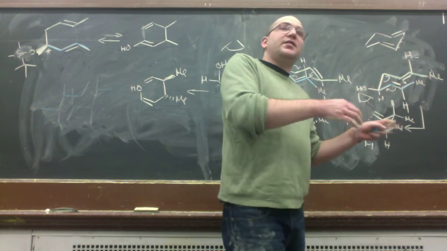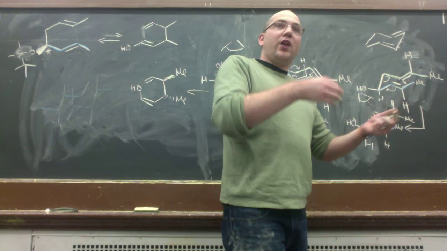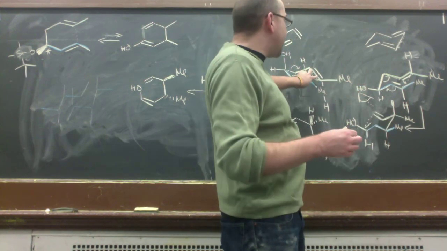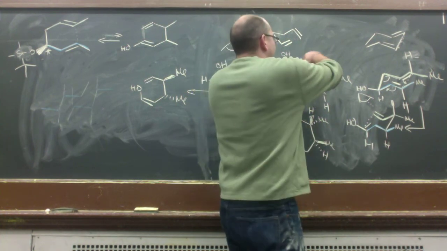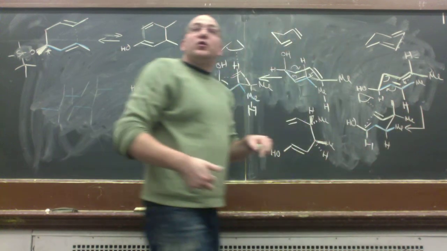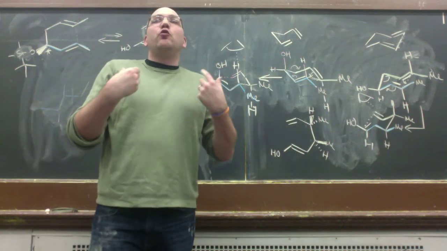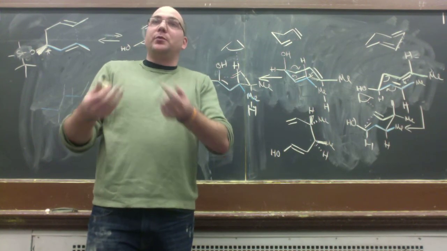Previously, what we learned is that when you do a chair flip, that will happen. But these are pseudo chairs. These aren't full-blown chairs. And you're right, because the alkene is there, you're simply rotating around this bond effectively, and that's becoming this one over there. So it's not a full-blown chair flip. You're just trying to rationalize it as a chair flip because that's what you're comfortable doing from the past.